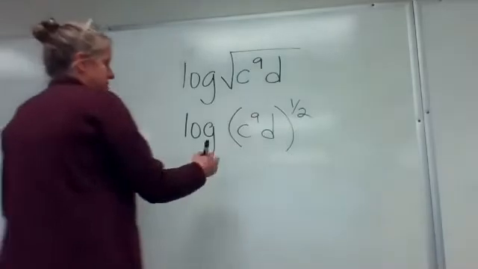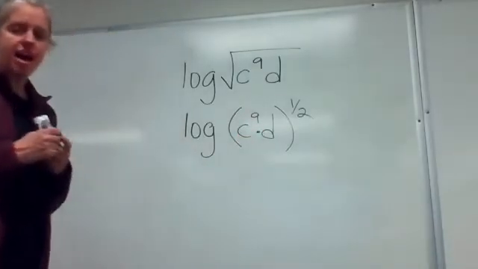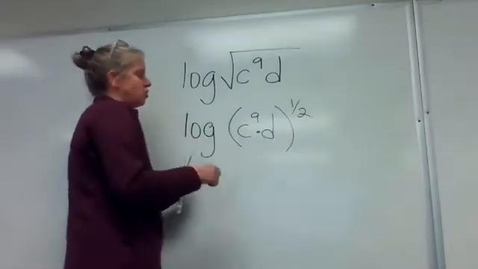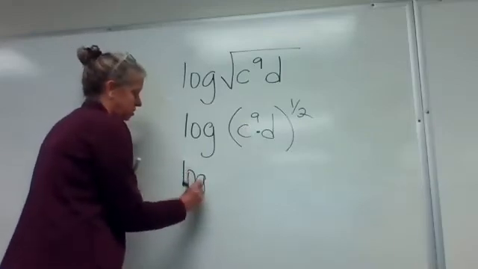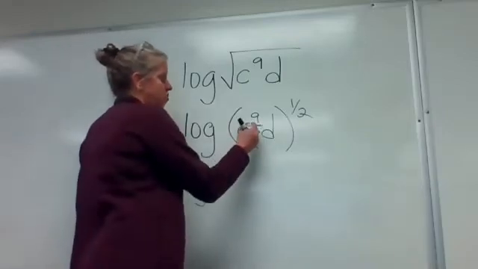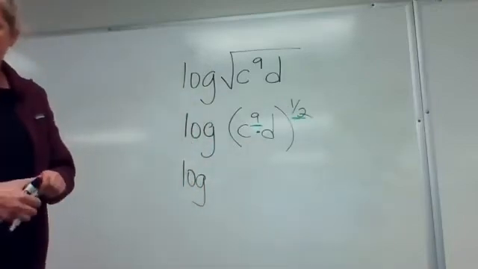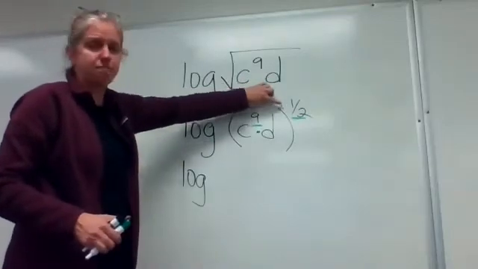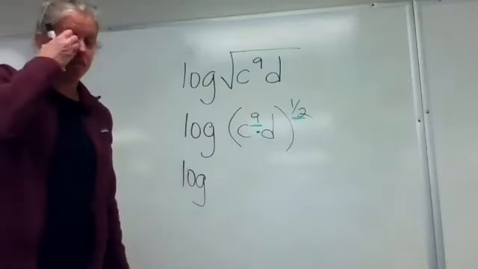Okay, now I'm going to rewrite this as the sum. But before I do that, if each of these are being raised to the 1/2 power, I need to do that exponent rule. If you're being raised to more than one exponent, like that c is, if you're being raised to the 9th and the 1/2 power, you're actually going to multiply those exponents together.